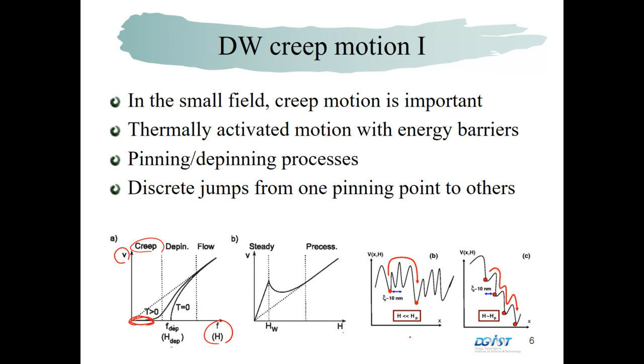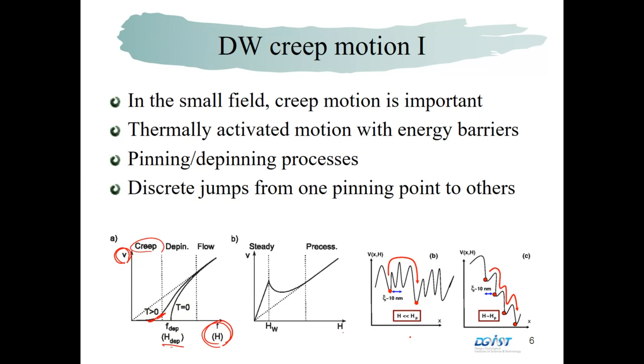And if we apply a field larger than some critical field called the depinning field, then the domain wall moves something like this. With increasing field, the velocity is here. But at zero temperature, the domain wall cannot move when the applied field is smaller than the depinning field. But at finite temperature, we have some domain wall motion, very slow.